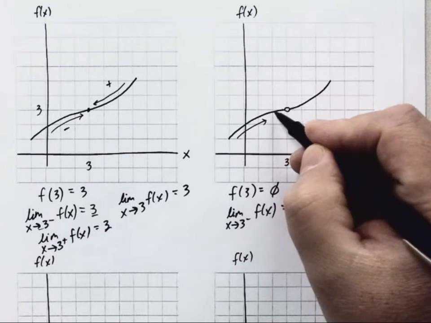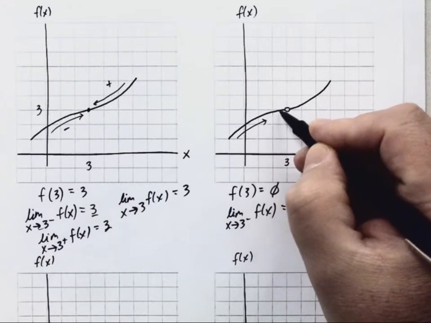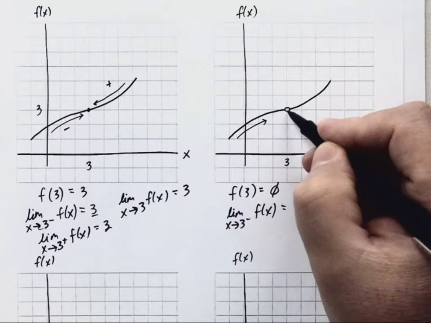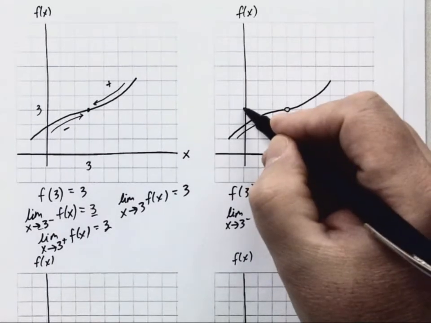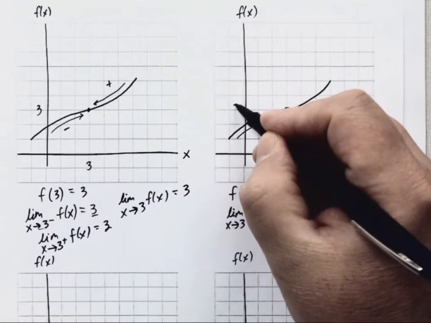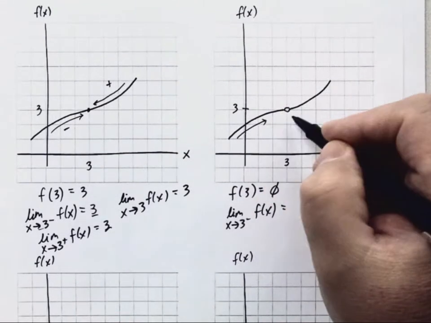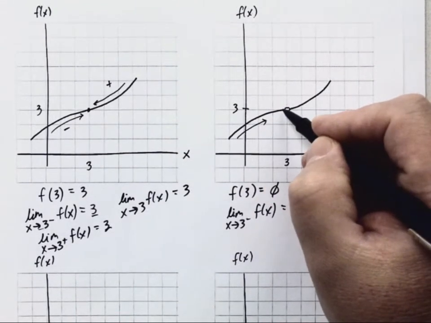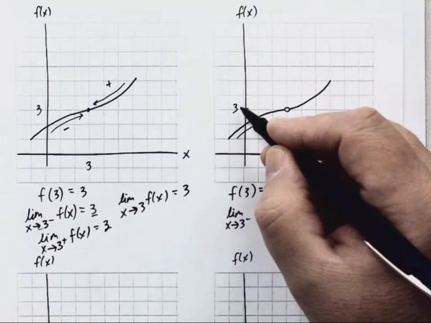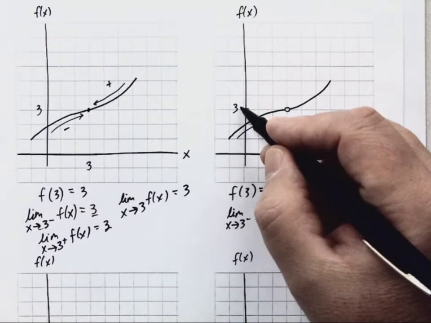What is the function as I get closer and closer to x equals 3? Well, once again, my function over here is 3, and as I get really close to x equals 3, I'm getting really close to the function equaling 3.